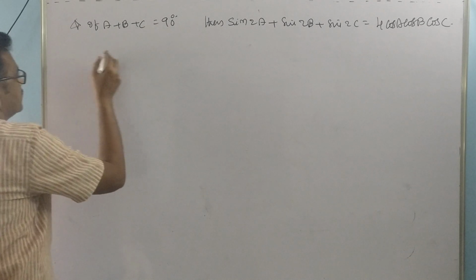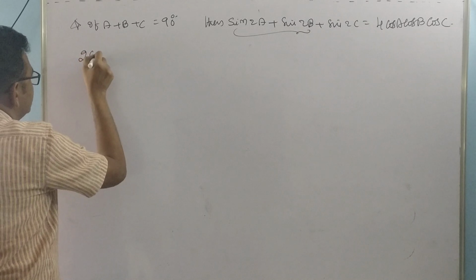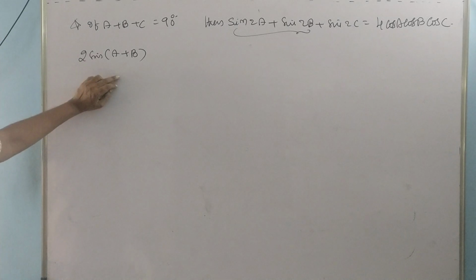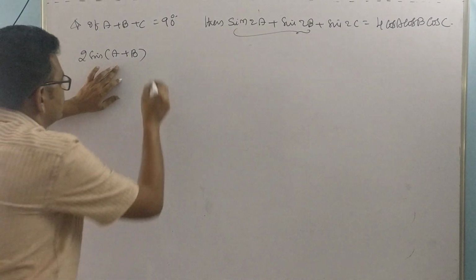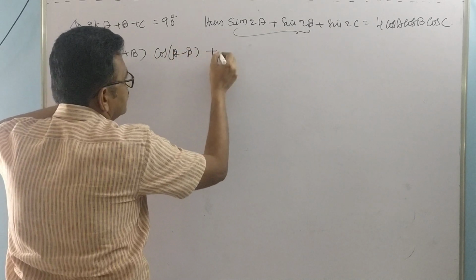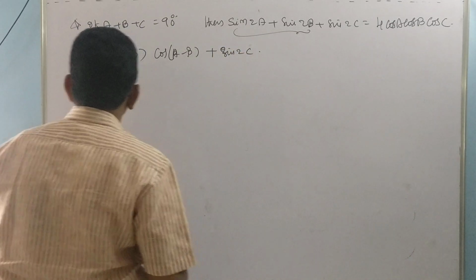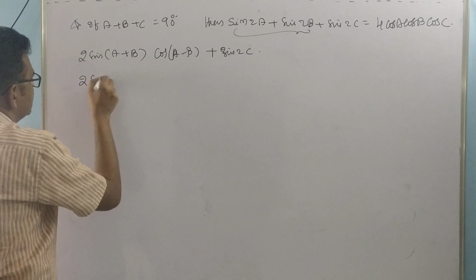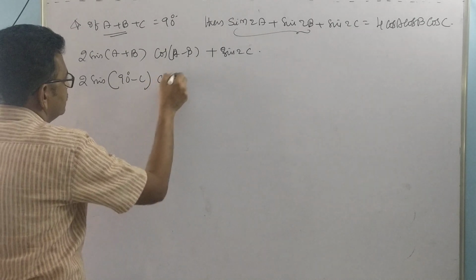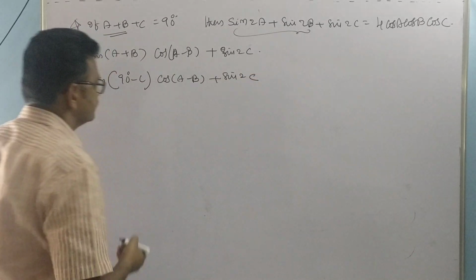Now these are using transformations. So by using sin C + sin D = 2 sin((C + D)/2) cos((C − D)/2), we get 2 sin((2A + 2B)/2), which is A + B, into cos((2A − 2B)/2), cos(A − B), plus sin 2C.